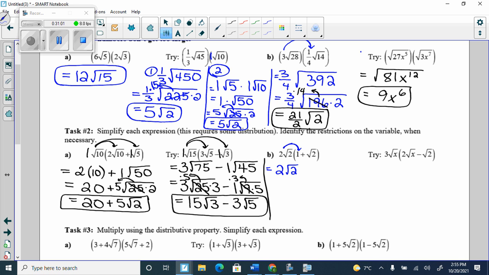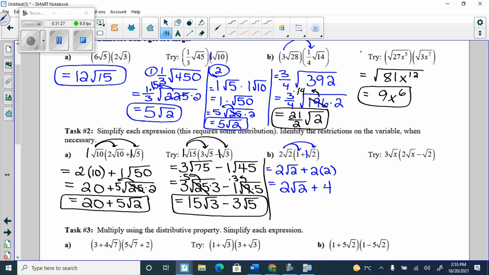Then we go to the next one. 2 times what's in front of it, which is a 1. 2 times 1 is positive 2. Root 2 times root 2 is 2 in brackets. So whenever you do a square root times a square root, you get the same number. You just put it in brackets. So now I'm going to get 2 root 2 plus 4.